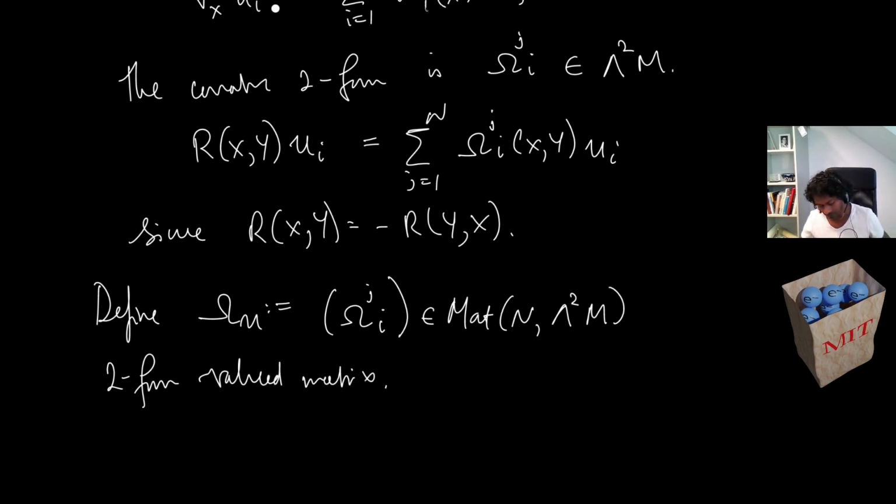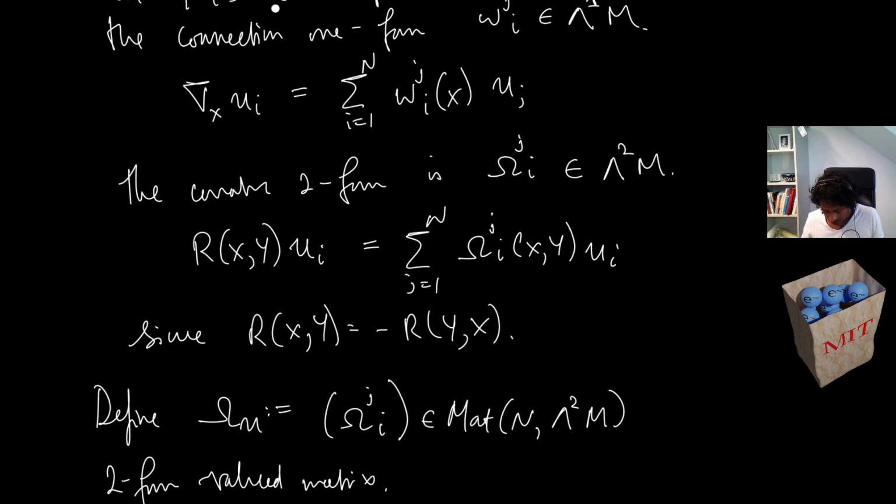This is just a bundle. Well, it will be a section, but in particular at each x it's a two form. I'm just writing that to say it's a two form. I mean, it is a section, right?